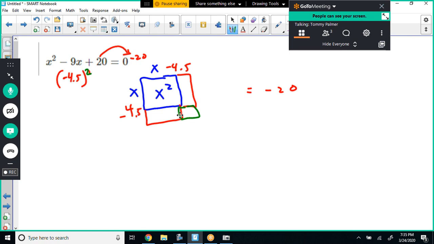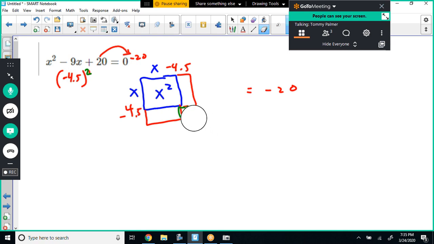The reason you square it is you're finding out what this little green box is. Because think about the sides: x minus 4.5, x minus 4.5. If the sides are the same, you have a square, right? The sides on a square are the same.